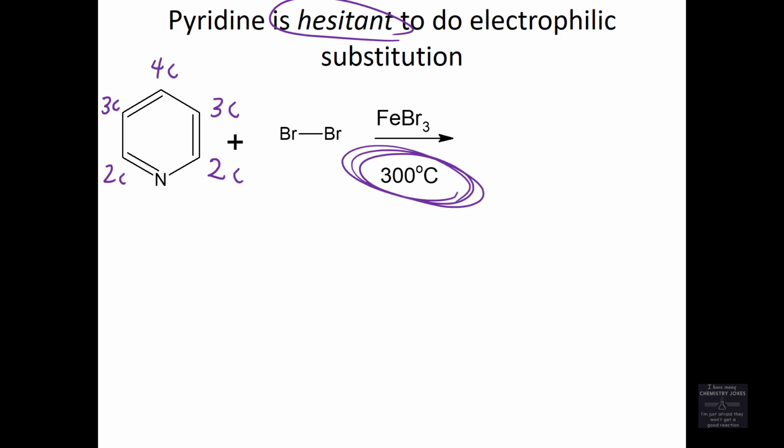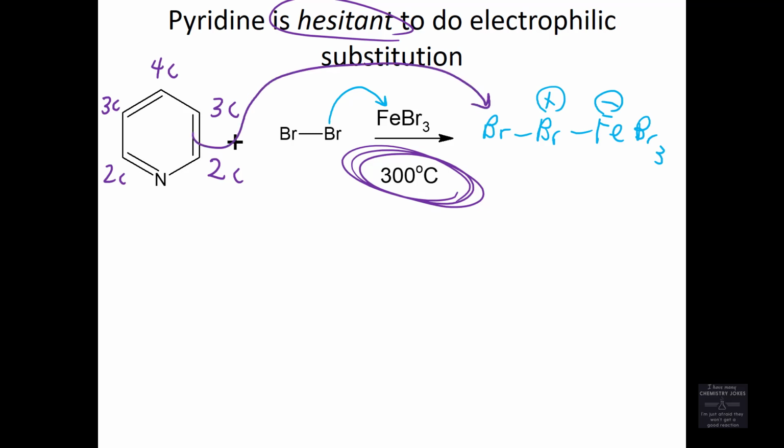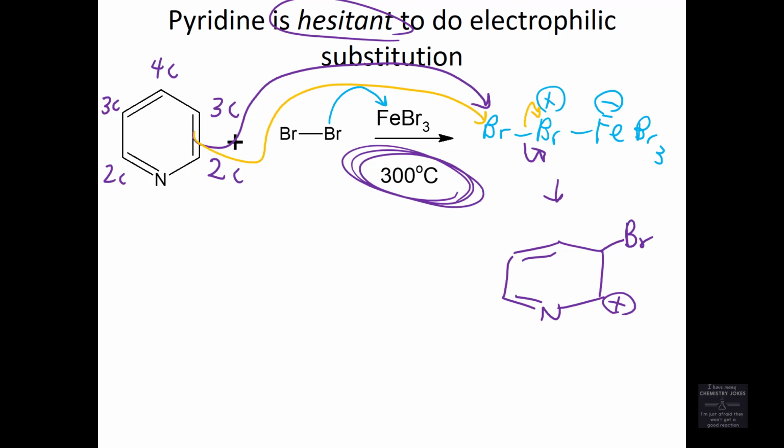Well, let's do it with a little mechanism. Make an electrophile. Use pyridine's pi electrons to attack said electrophile. If I did it the purple way and put it on the 3-carbon the way I suspect I should, I would get that Wheland-like intermediate.